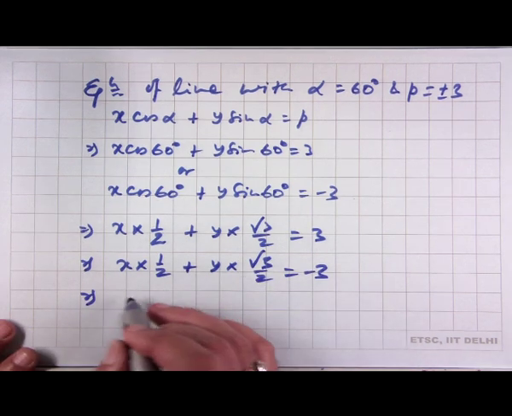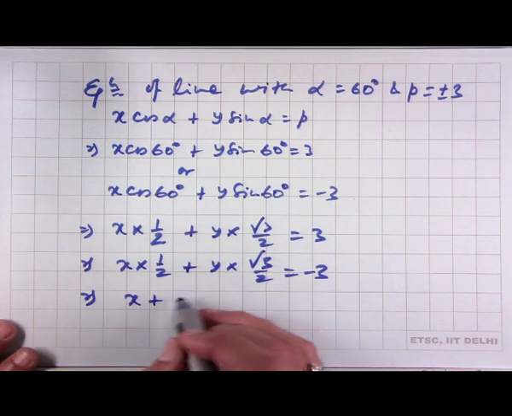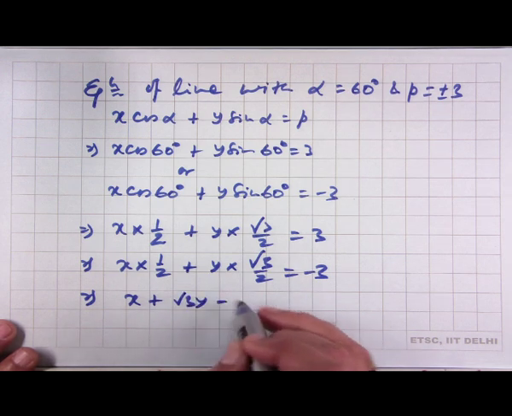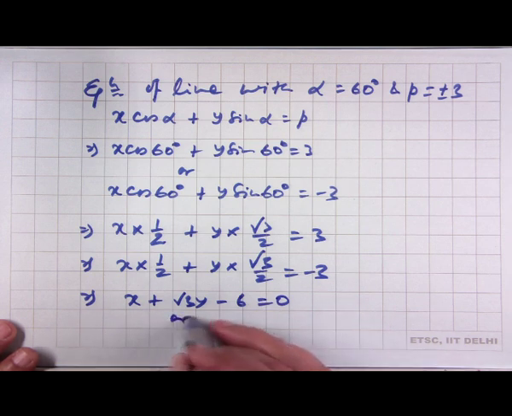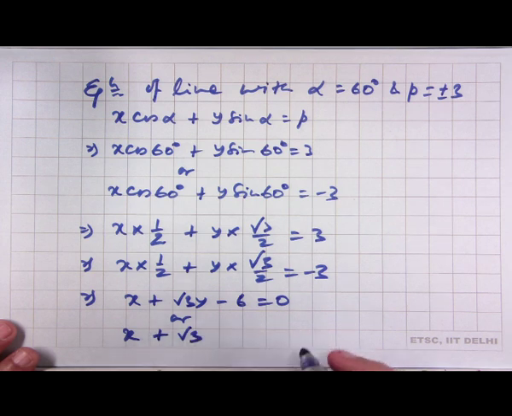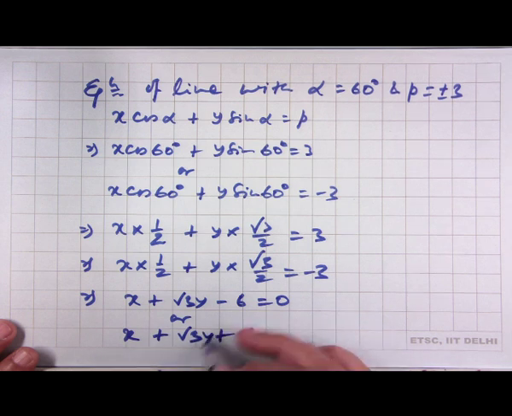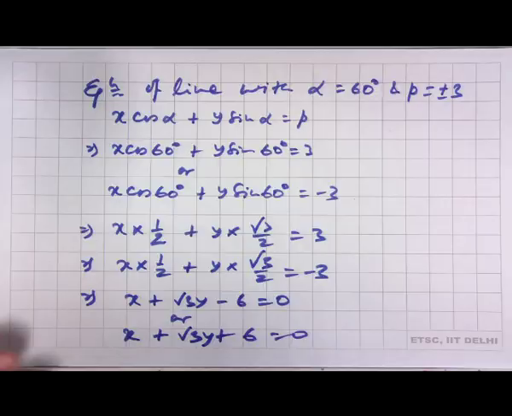So x plus root 3y minus 18 equal to 0, or x plus root 3y plus 18 equal to 0.